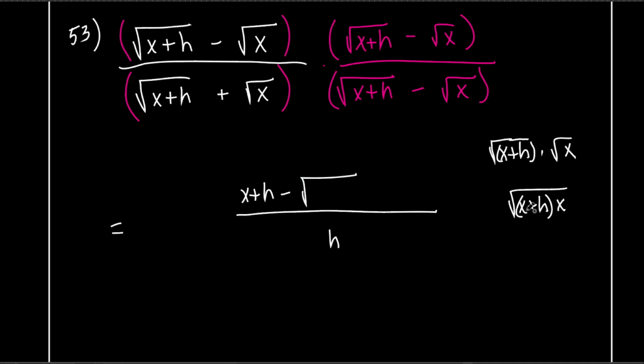And if you wanted to, I'm not sure. Somebody take a peek in the back. Do they write x squared plus xh under a square root? Who's my fact checker? Oh, it's number 53. Do they write the square root and then x squared plus xh inside of a square root? So they do.